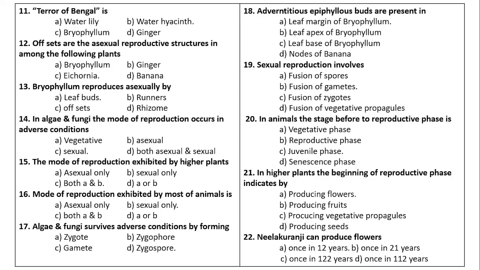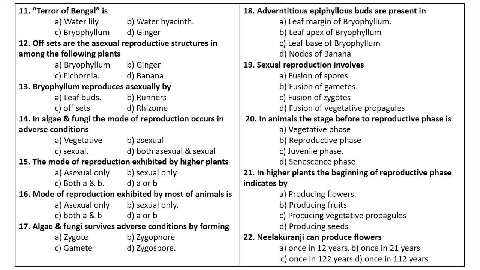See, in three options they have given Bryophyllum itself, and in option D they have given banana. In the banana you cannot see any epiphyllous buds, so option D will not be the answer. You can eliminate it very easily.